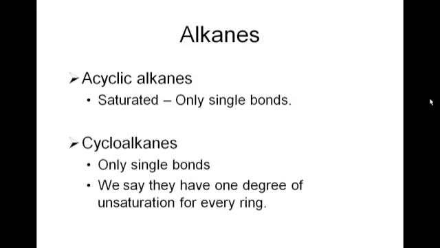The cycloalkanes also have only single bonds, but we have our carbons incorporated into a ring, and because when we go from acyclic to cyclic, we lose 2 hydrogens, we say that these cycloalkanes have 1 degree of unsaturation, and that's 1 degree of unsaturation for each ring.